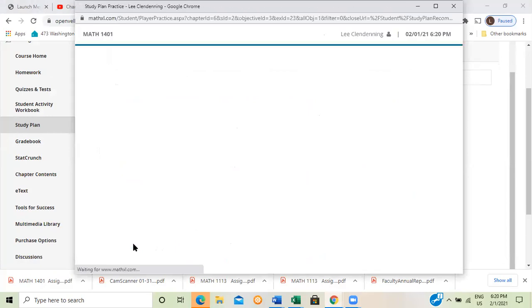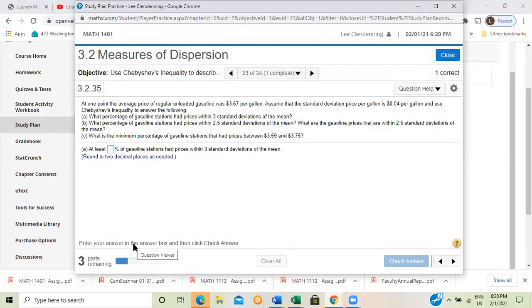3.2.35. This is off MyLab Statistics, just to show you the kind of stuff they'll have you do with this. All right, at one point, the average price of regular unleaded gasoline was 3.67 a gallon, so I'll write that down.